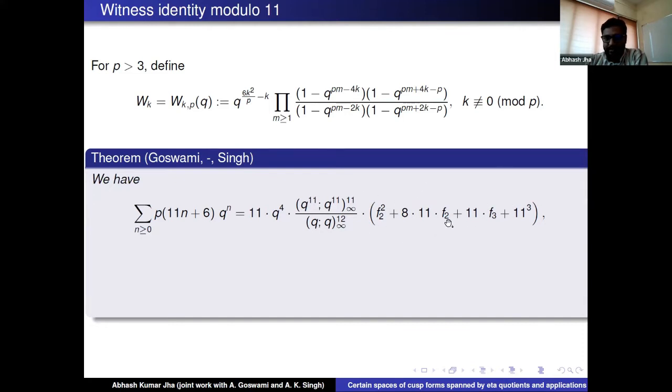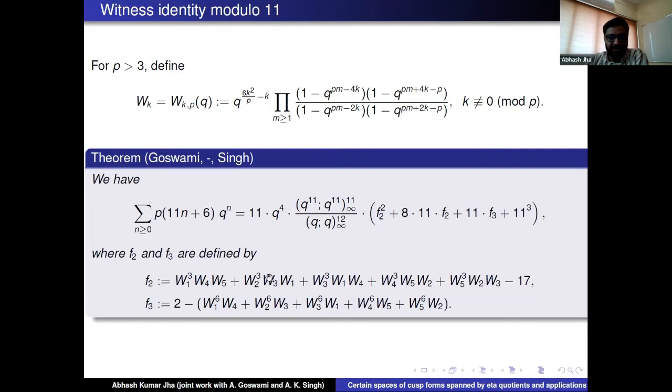And these F2, F3 are given by some expressions like this. I'll explain why these coefficients are integers. Once you have that all these coefficients are integers, you immediately get Ramanujan's congruence modulo 11. Essentially, you obtain this witness identity. So this is the result.